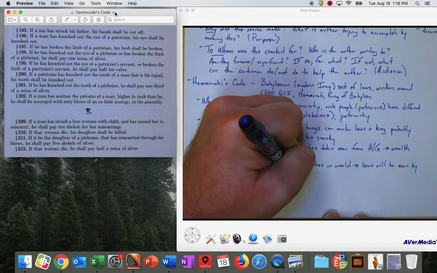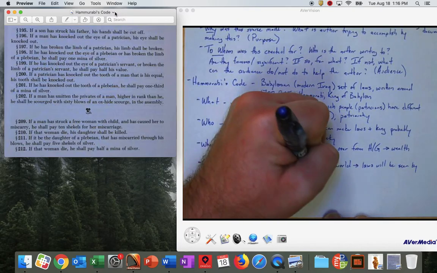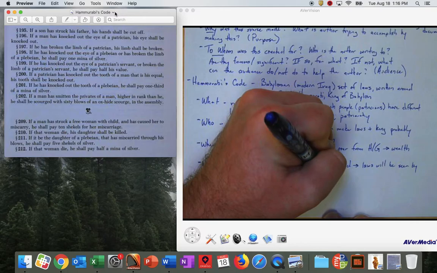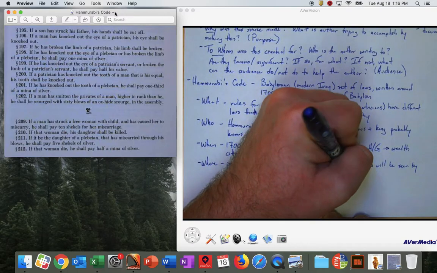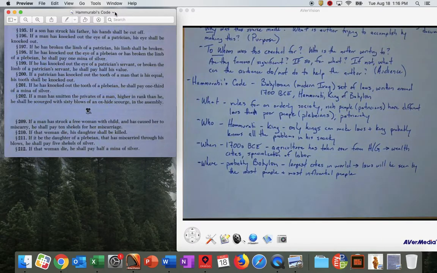And the most influential people. That gives us our context.